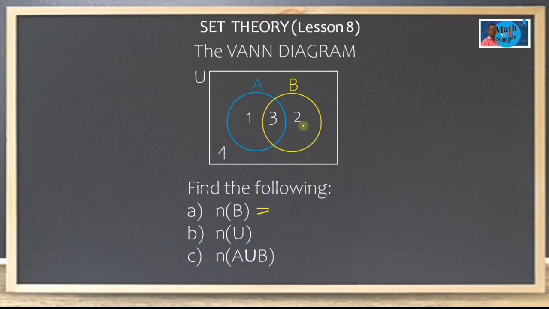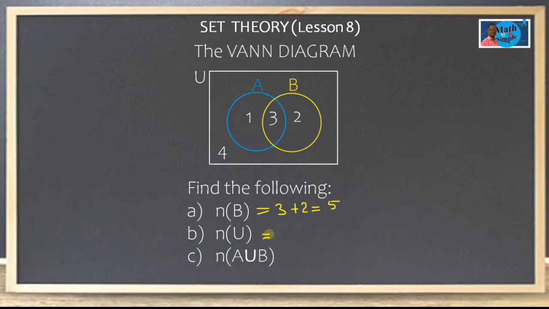Let us look at B. If we clearly look here, we see 3 is in B and 2 is also in B. So the number of members in B will just be 3 plus 2, which is 5. So we have 5 members of set B.